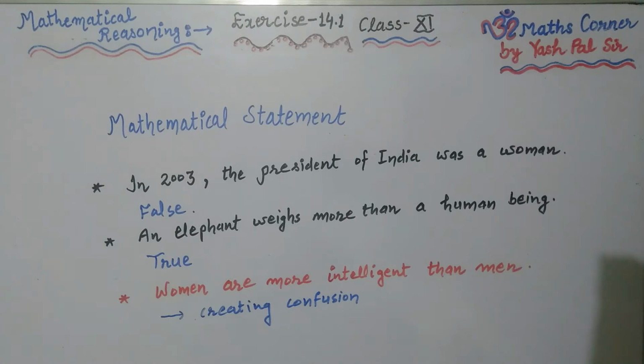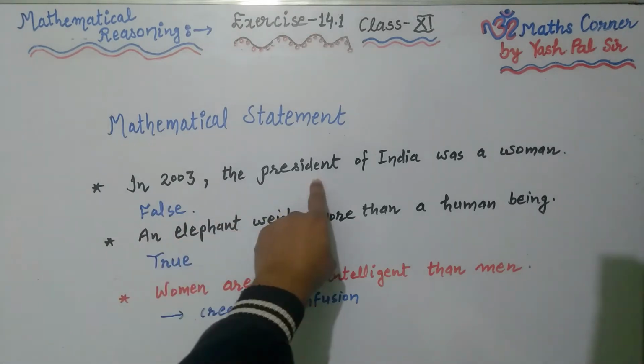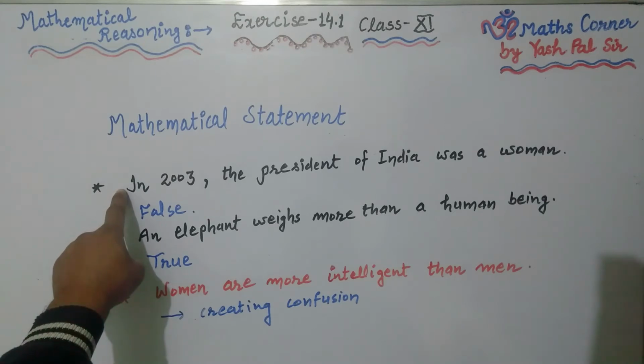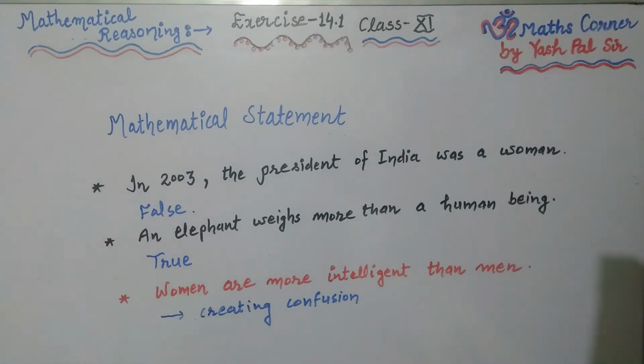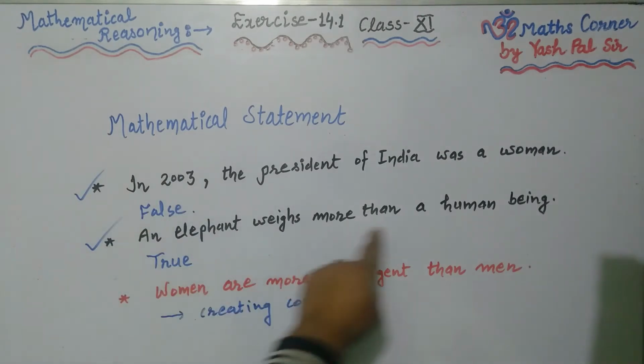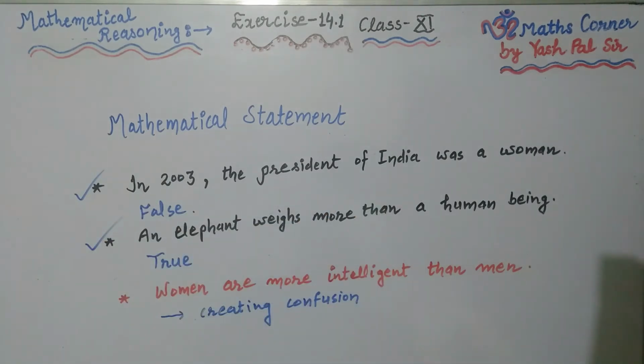So in mathematics we cannot accept this as a statement. Which is called a statement? If we can say yes or no, true or false, then these sentences are statements, whereas this is not a statement.